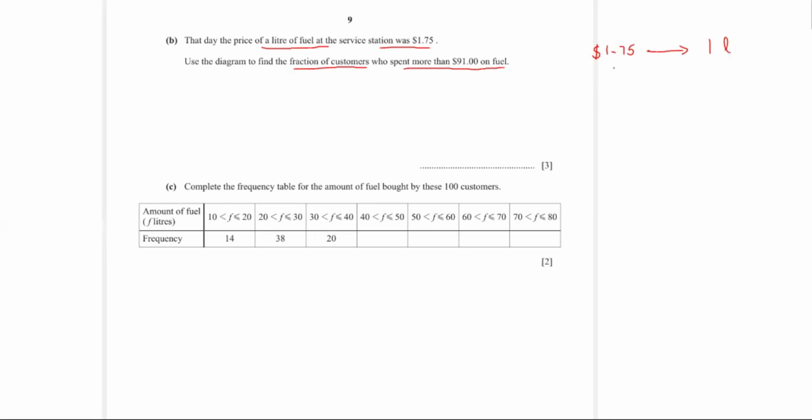Now, for $1, the amount will be equal to 1 over $1.75 liters, and for $91, it will be 1 over 1.75 multiplied by 91 liters. Now that value will be equal to 52 liters.